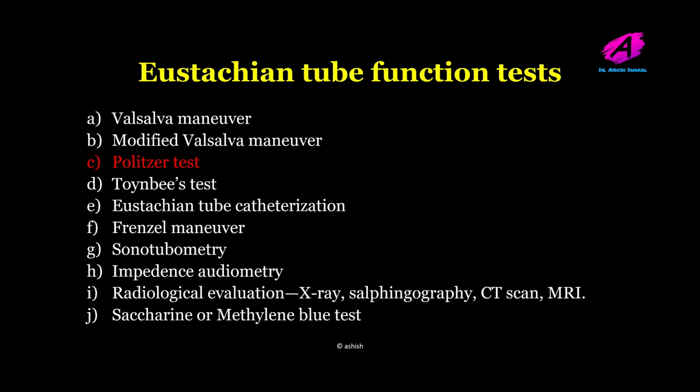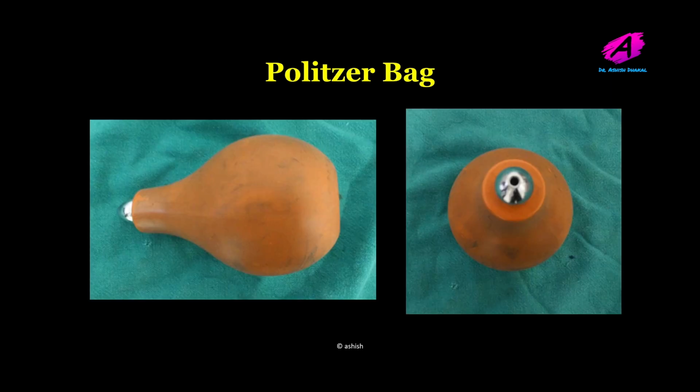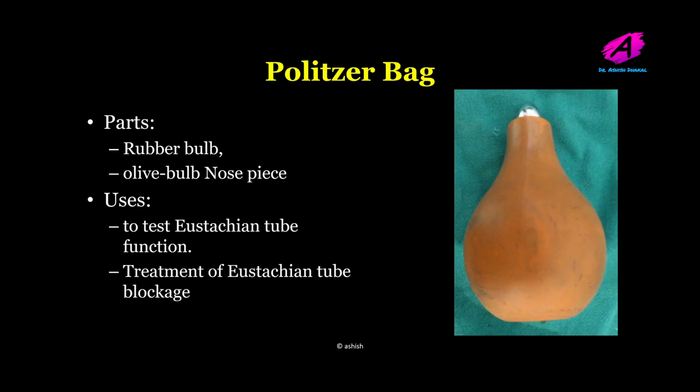The other common test for clinical assessment of the Eustachian tube is the Politzer test. For the Politzer test, you require a Politzer bag. It's a rubber bulb-like instrument with an olive bulb as a nose piece.